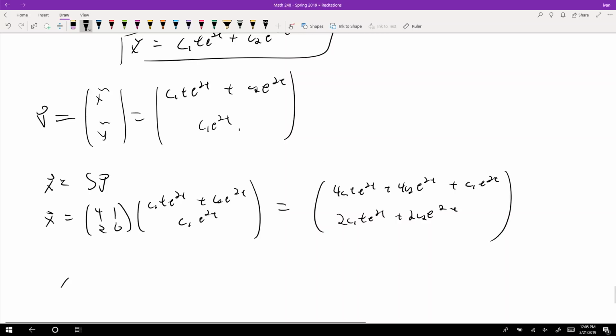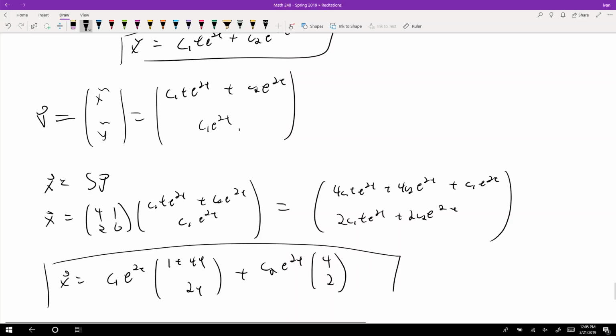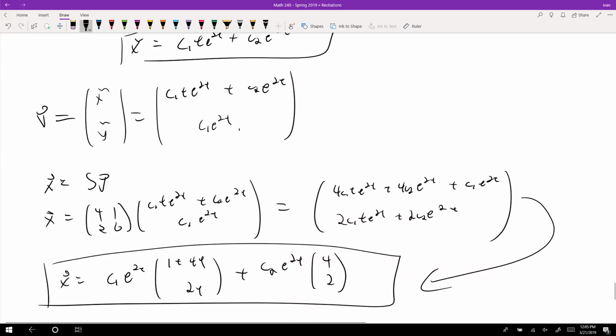The way we want to write this is to break out the c1 and c2. So this is really c1 e to the 2t times (1 plus 4t, 2t), plus c2 e to the 2t times (4, 2). That's just algebra going from this vector to this vector. They're the same thing.